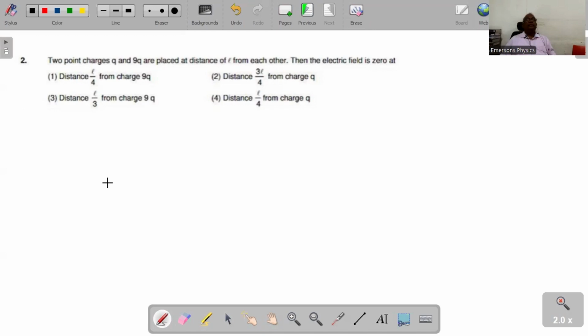Two point charges Q and 9Q are placed at a distance R from each other. Then the electric field is 0 at a point.